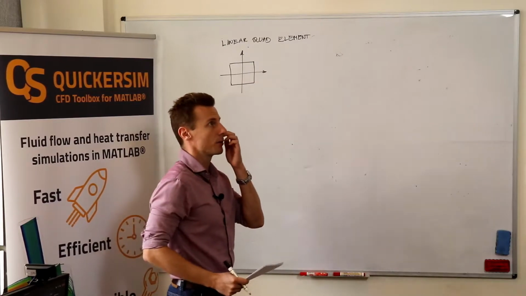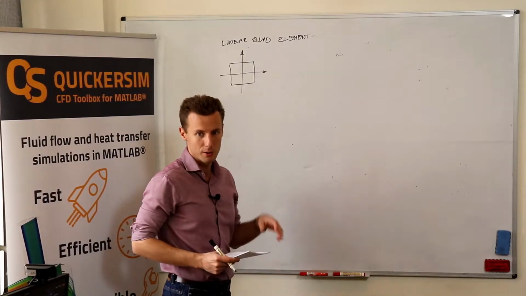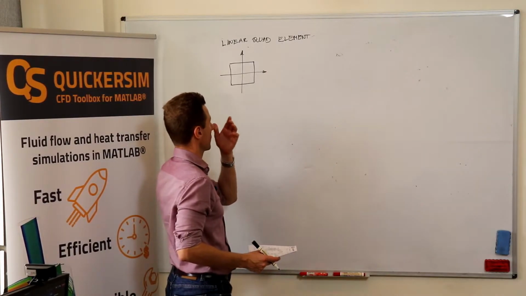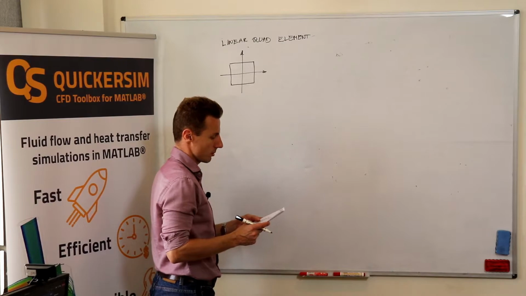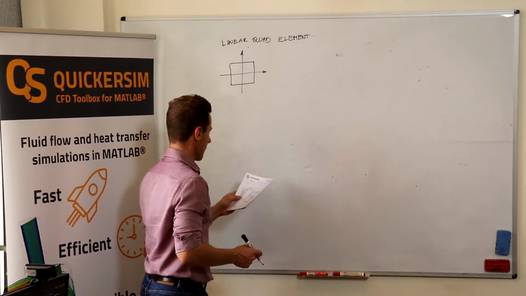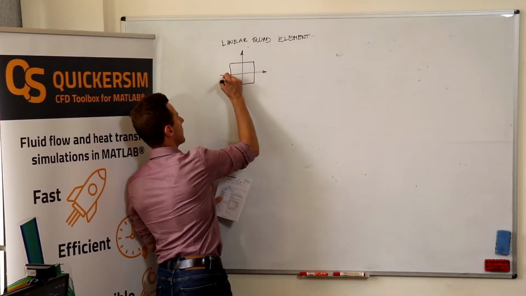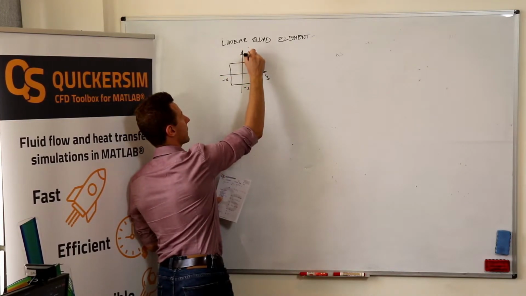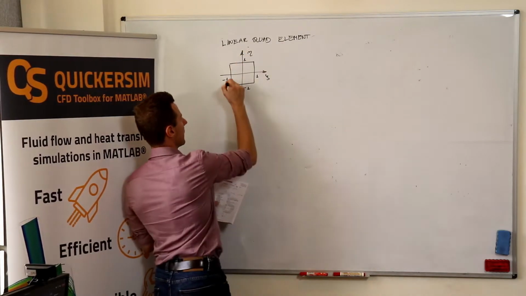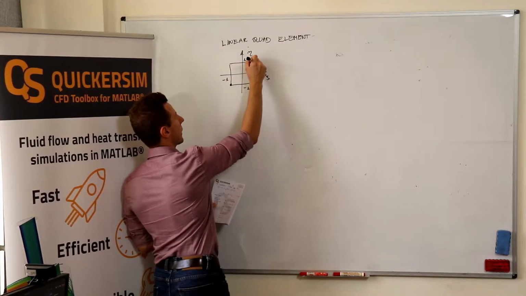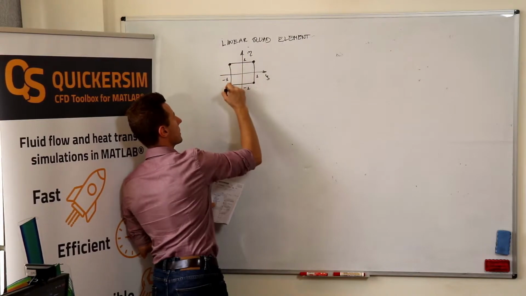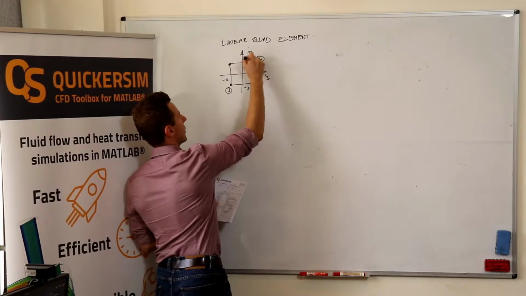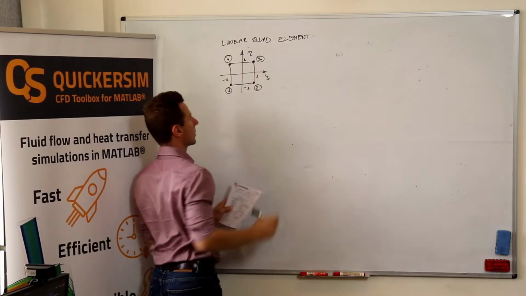I mean, it's very convenient for the integration to use Gaussian quadratures, so it's much easier and much more convenient to use the reference elements to derive all the matrices. So the reference element extends from -1 to 1, both in psi and eta. The local numbering of nodes always goes in this direction. It's like first local node, second, third, and fourth local node.